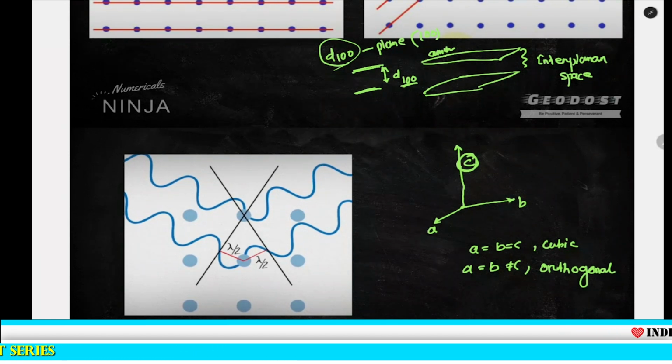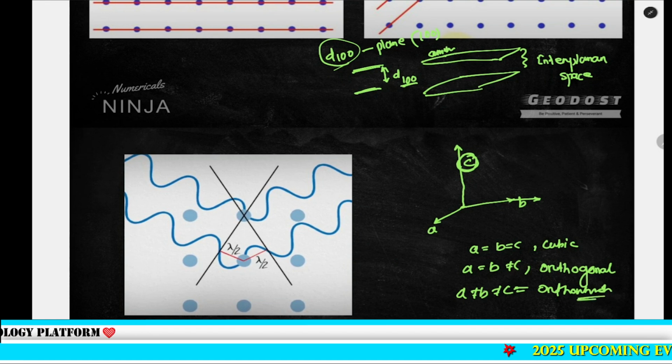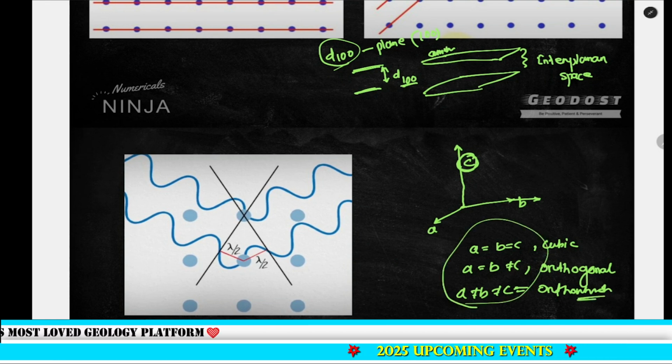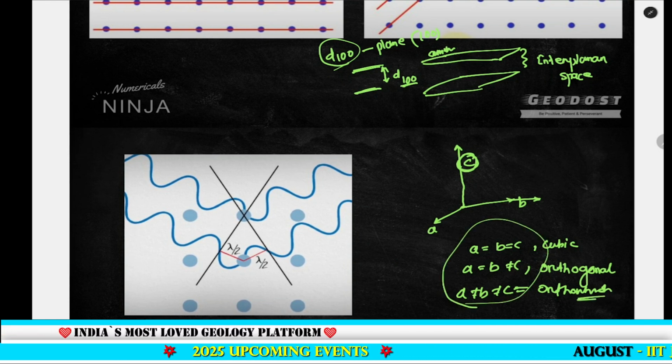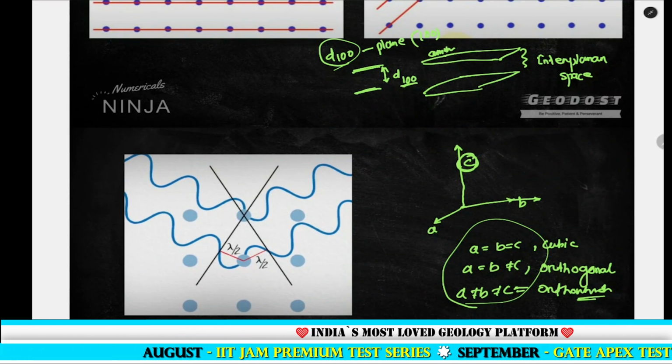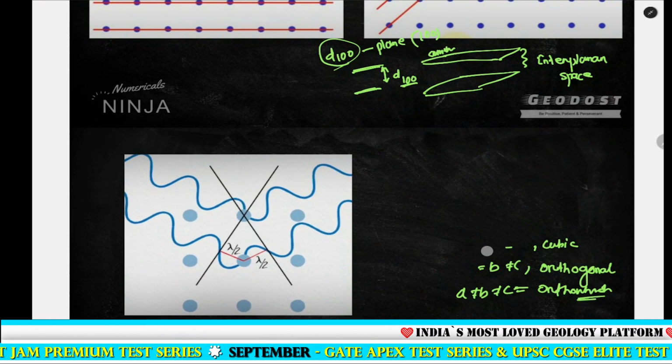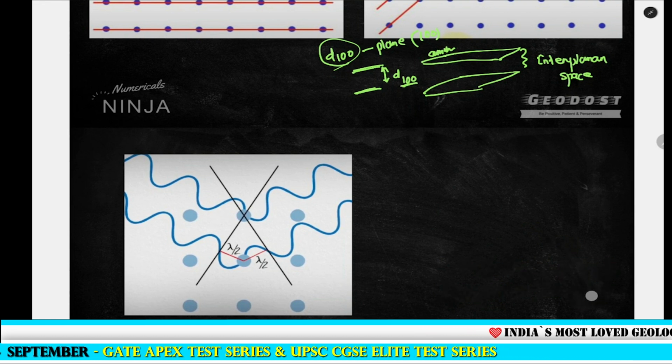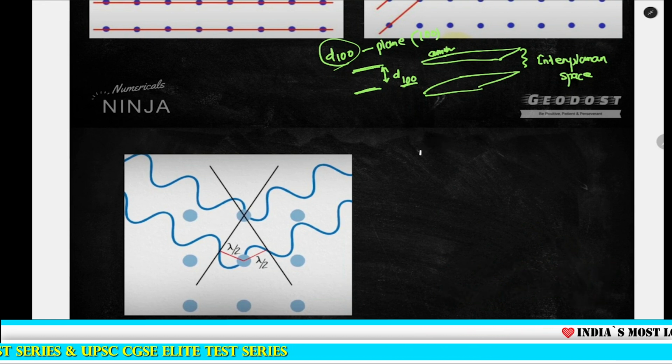If I stretch this b again, that means now a is not equal to b is not equal to c. It will be orthorhombic. Okay, is it clear? In this way, you can change any unit cell dimension and get a new crystal system. What I meant to say is that this is a concept in Bragg's equation: the lattice constant.